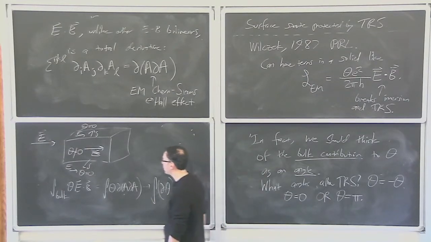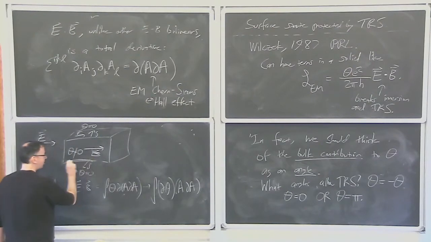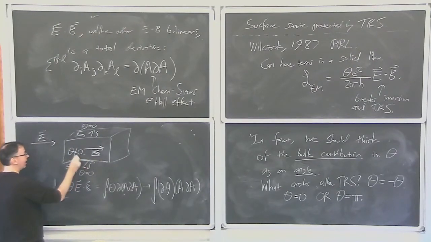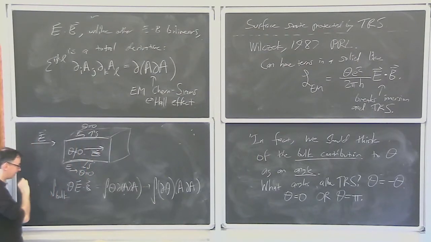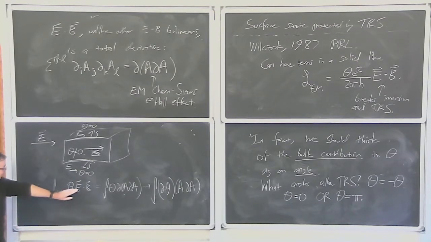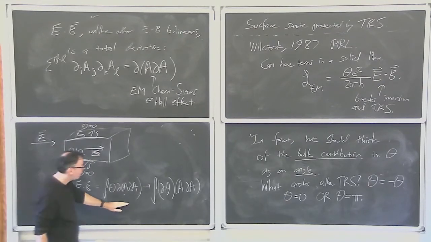In other words, there's a quantum Hall layer here at the bottom where theta jumped one way, and there's an opposite quantum Hall layer there where theta jumped the other way. So because of the magic of integration by parts, high school mathematics, there's really no difference between saying a material has a bulk E dot B coupling and saying it has a surface Hall effect.